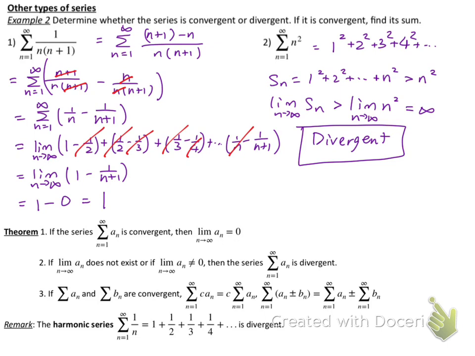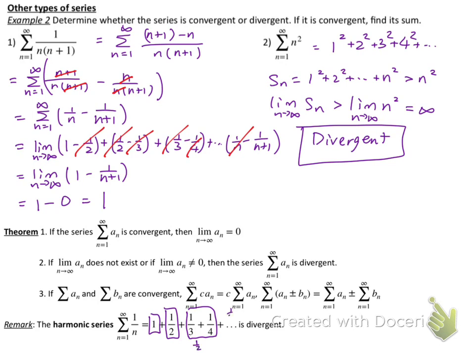And the harmonic series, which is really important, but here I will just include it as a remark because I don't want to show you the whole proof. Well, the idea is 1 is equal to 1, then 1/2 is 1/2, then a third and a fourth is greater than 2 copies of a fourth, which is a 1/2.